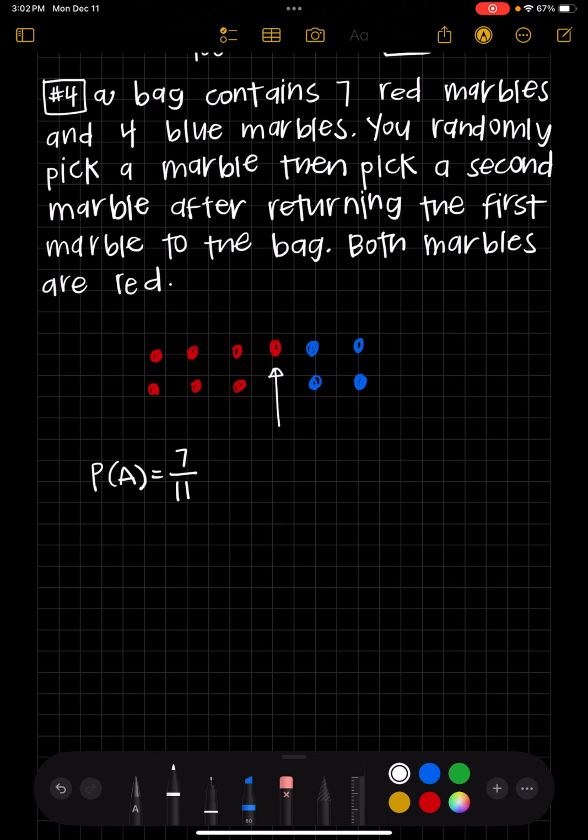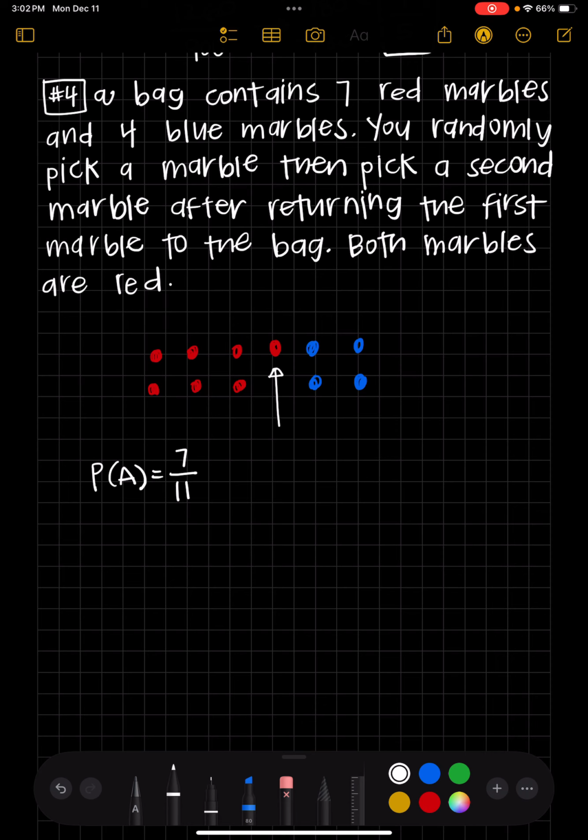Now, what happens is if I pick a red marble out of a bag, then I only have 10 marbles left, right? If I were to pick another one without replacing that, then yes, it would be dependent because then my total would change. But what this question is saying is that I picked that red marble out of the bag, and then I put it back in, and then I picked another one. So when I put the red marble back into the bag, I still have the same amount of marbles. In fact, I still have the same amount of red marbles.